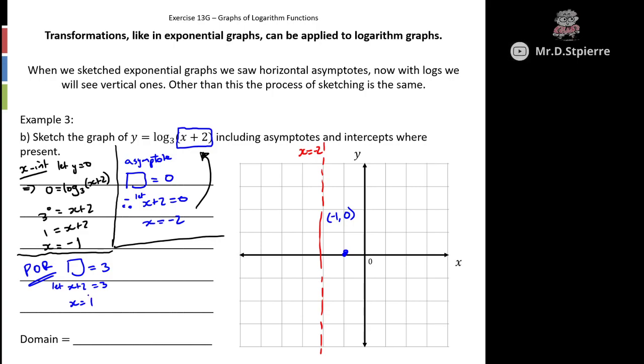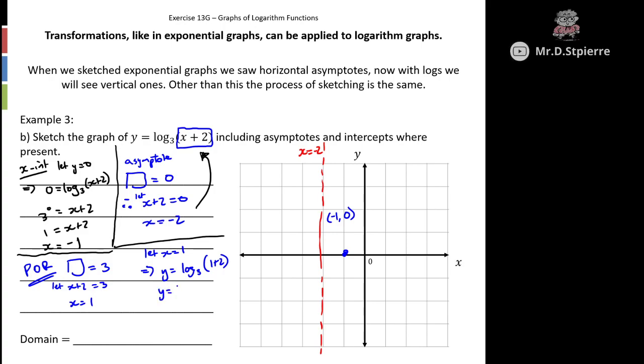What am I doing? I can use x equal, therefore x is going to be equal to 1. Okay, so let's do that now. Let x equal 1, it follows that y is equal to log base 3 of 1 plus 2.